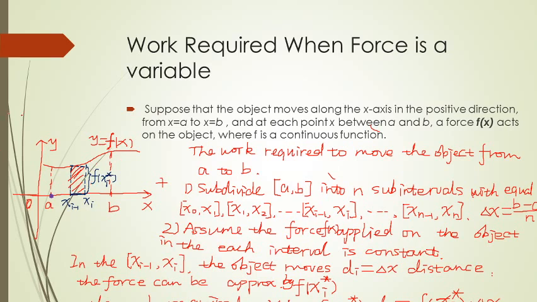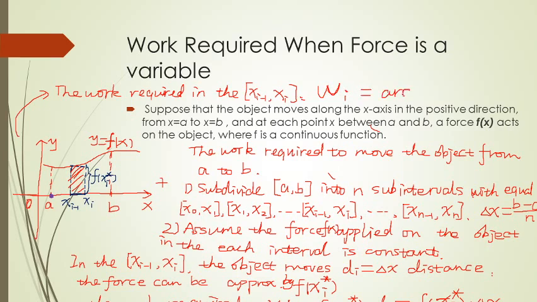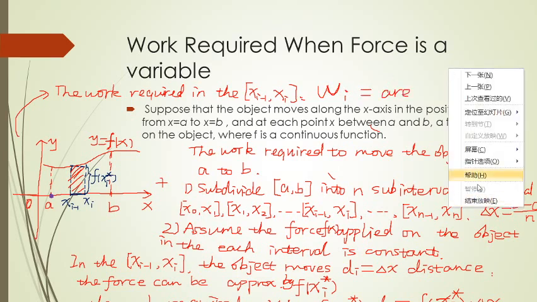Let me explain from the graph. The work required in the i-th subinterval, in the xi minus 1 to xi, which is Wi, right? Wi equals the area.